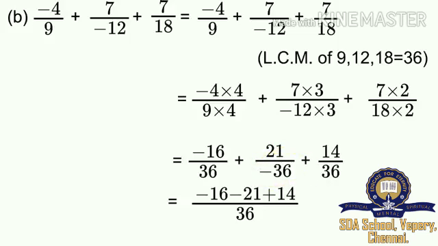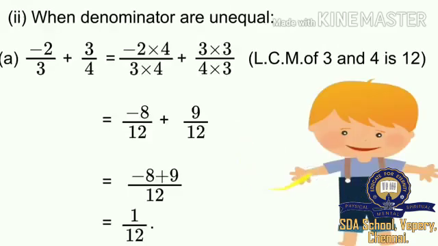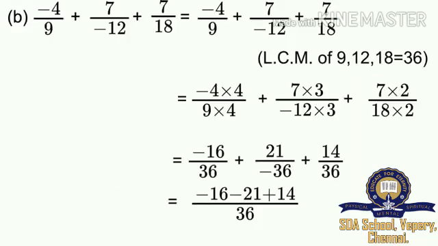And if we multiply 18 into 2, we get 36. So we multiply 2 in numerator and denominator. 7 into 2 is 14, 18 into 2 is 36. You can see here the denominators are equal. And the negative sign is in the denominator, so we change it to the numerator. Whether it is in the denominator or numerator, both are the same.